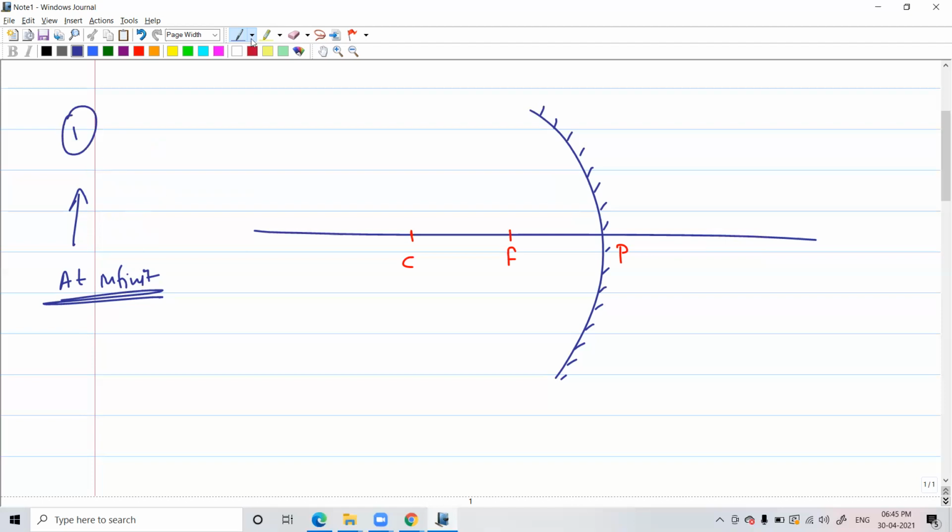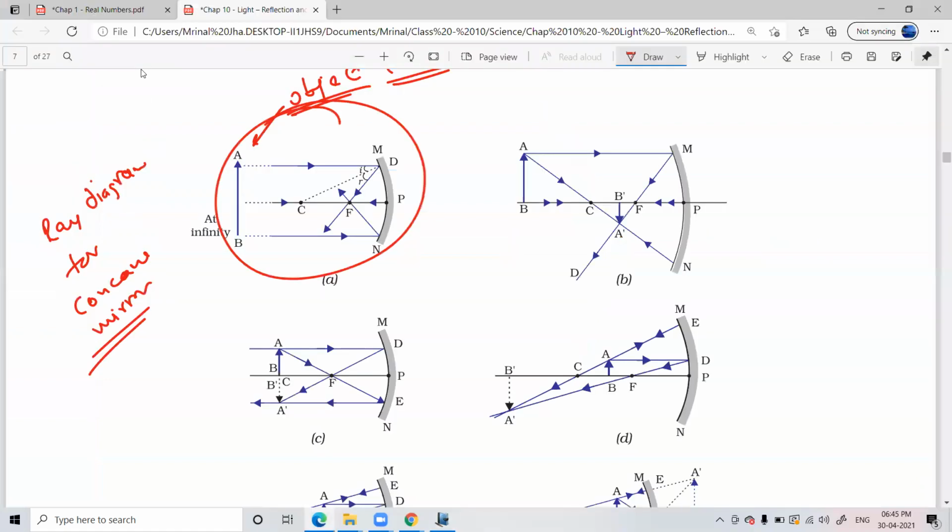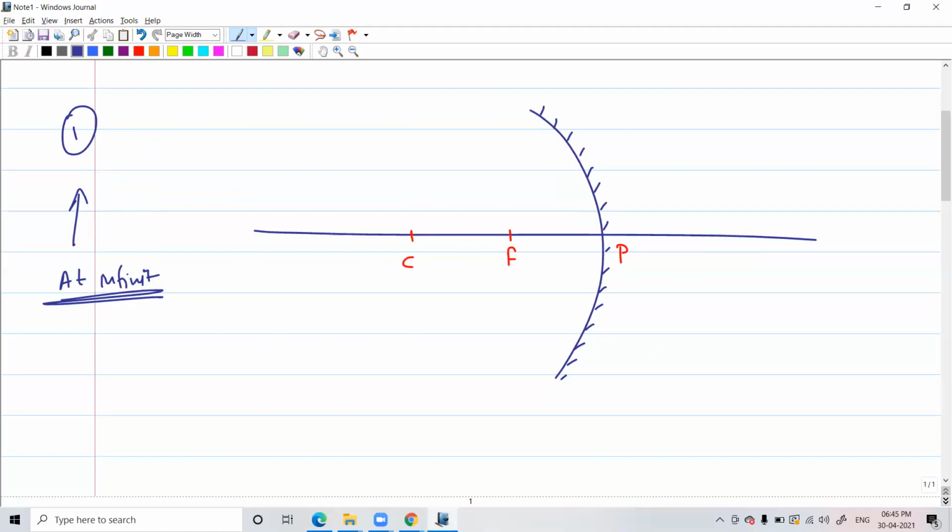Now that makes you understand, okay, first thing is justified. Why am I having this case, object at infinity? Let's see this one. When you move close enough so that you will be able to place the object's feet at the principal axis over here, and the head of the object will be above somewhere over AB. But it will be beyond C. It could be very close to C over here also.